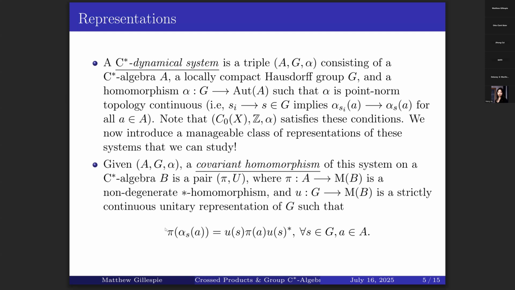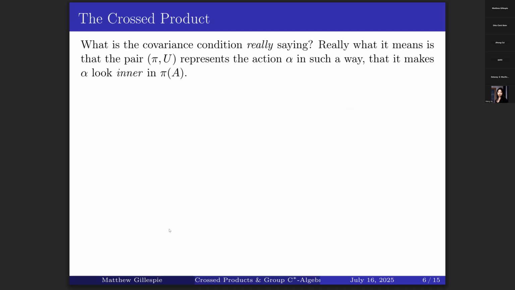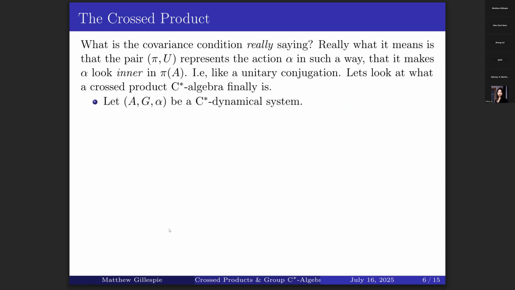That's really what this equation is saying. So when I say that this makes alpha look inner in pi of A, I mean it makes it look like a unitary conjugation in the image. And these are particularly the representations that we're going to care about: all of the representations that make the action alpha of the system look like a unitary conjugation.